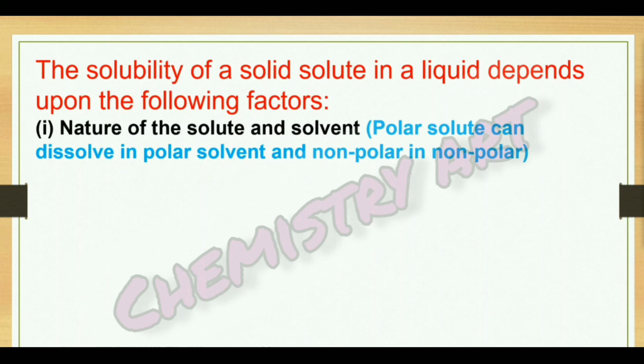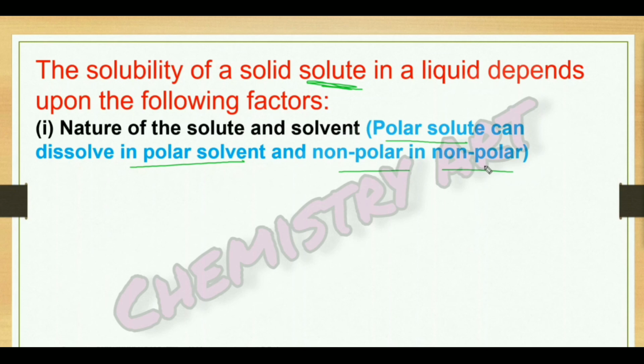So first is the nature of the solute and the solvent. Remember, we are discussing a solid solute in a liquid. As we know, a polar solute can be dissolved easily in a polar solvent, but a non-polar solute will dissolve in a non-polar solvent.